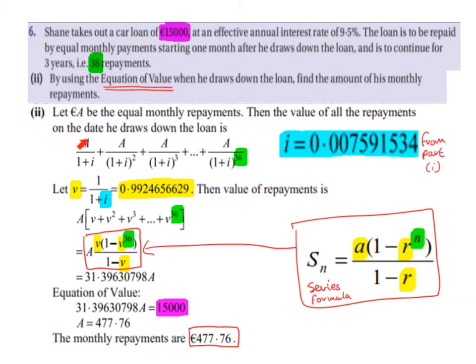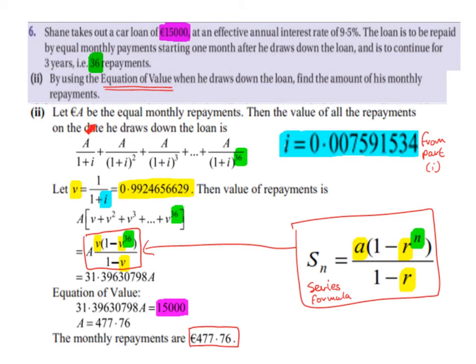What's left on the inside is 1 over (1 plus I), plus 1 over (1 plus I) squared, and so on, which is 1 over (1 plus I) raised to a higher power each time. So really what's left on the inside is V.